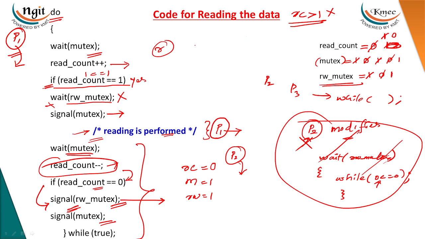That means P1, P2, P3 initially read the data, so read count value equals 3. When P1 executes this, read count value will become 2. When P2 executes this portion, read count value will become 1.